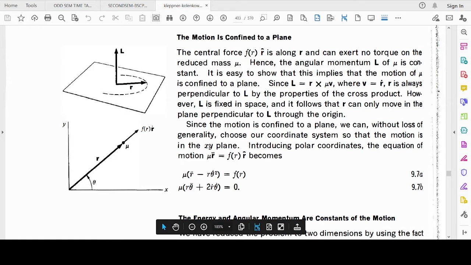So what is the reason for that? Because I am writing in polar coordinates. Mu into r theta double dot plus 2 r dot theta dot equal to 0.